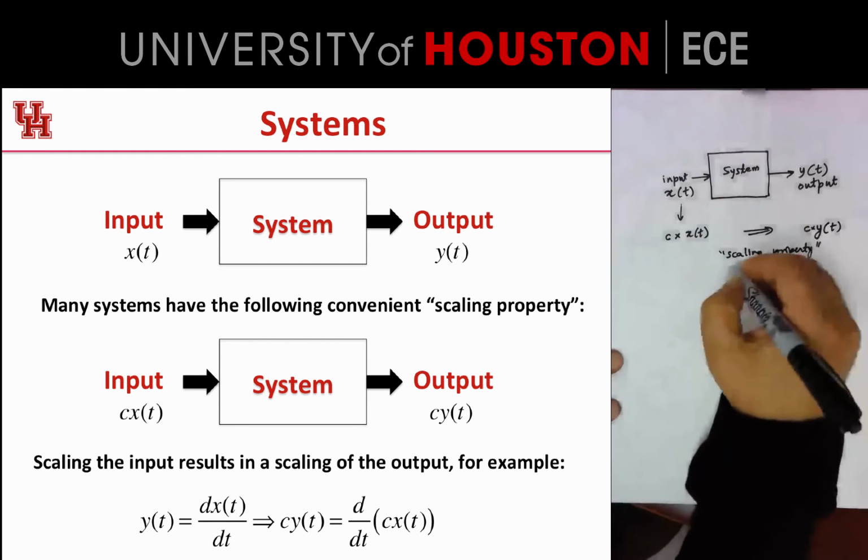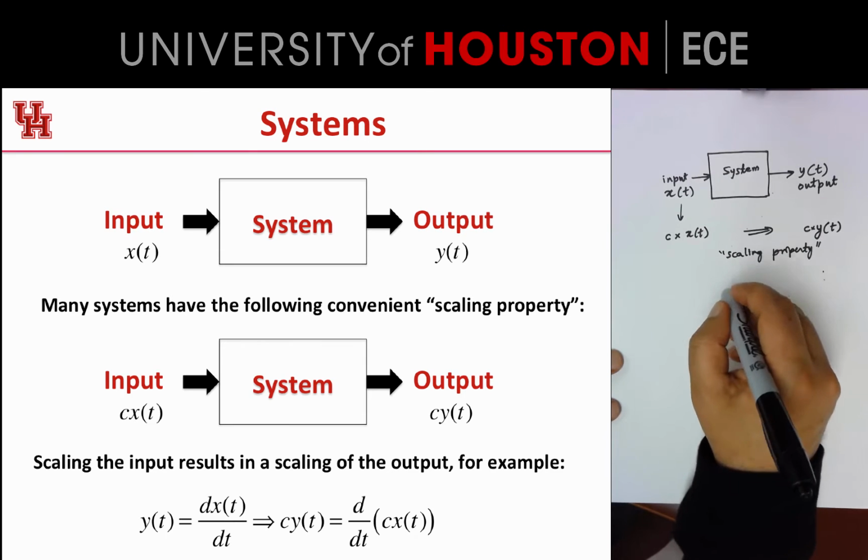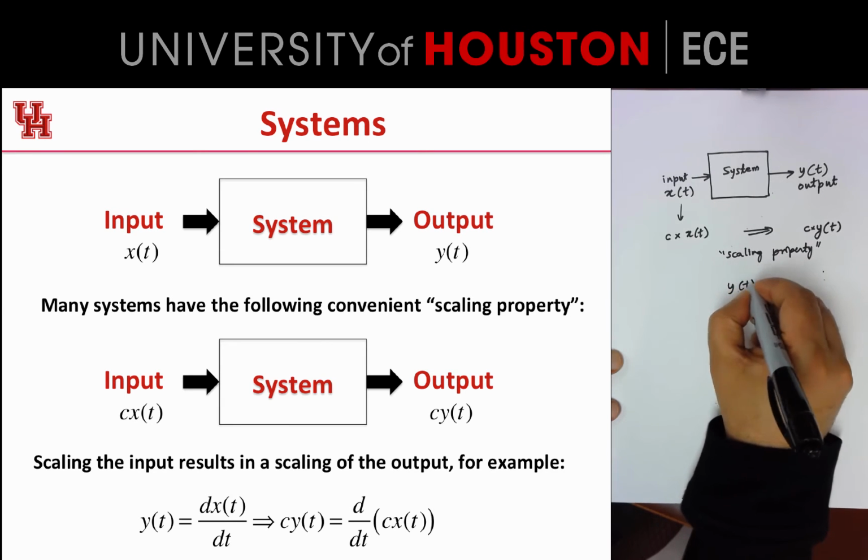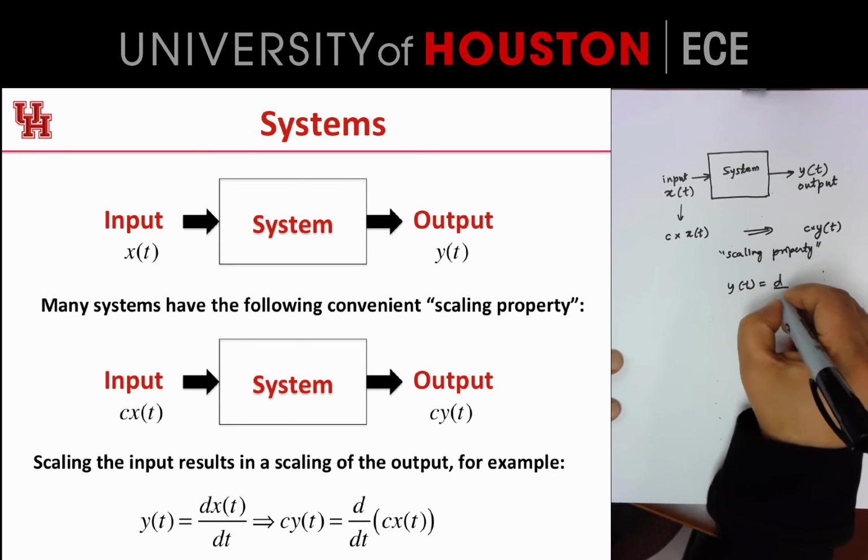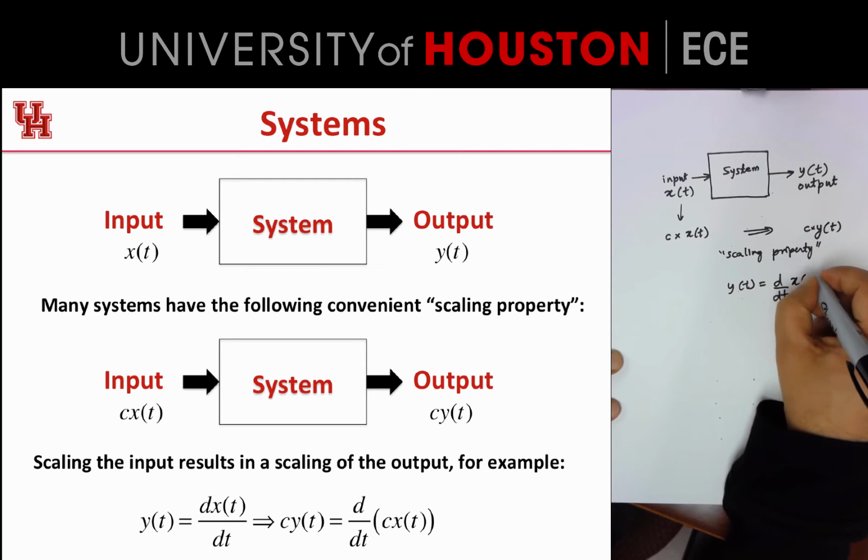Now, there are a lot of systems with this property, and the simplest of them is a case where y of t is simply the derivative, d by dt of x of t.